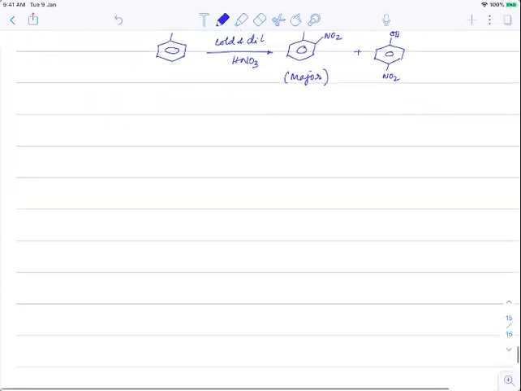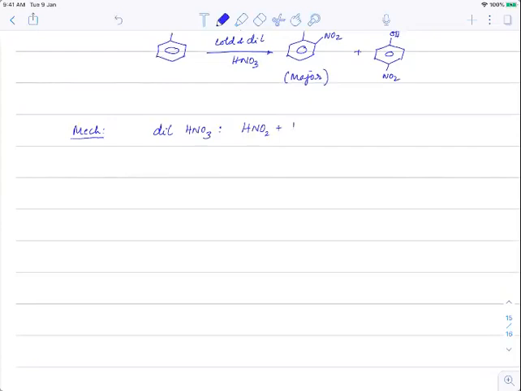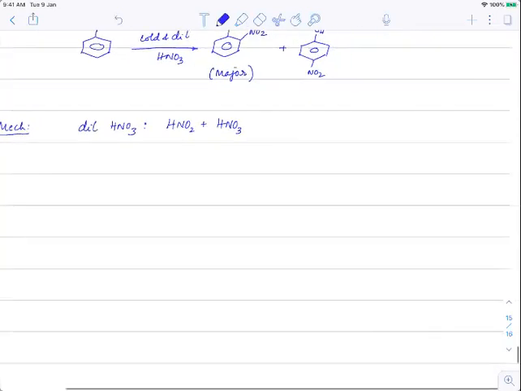So if you see the mechanism here, whenever you have HNO3, keep this in mind, beta, HNO3 will always be in dissociated form. HNO3 is never a stable acid. So if I take dilute HNO3, it will always have some amount of HNO2 present in it already, because HNO3 dissociates and starts converting to HNO2.